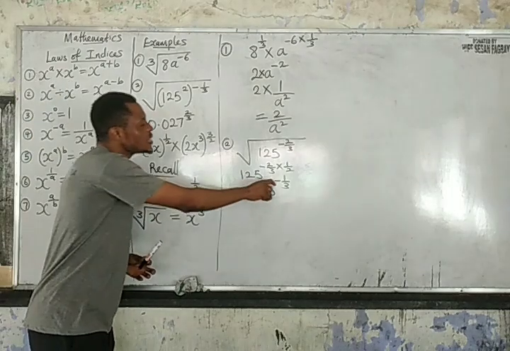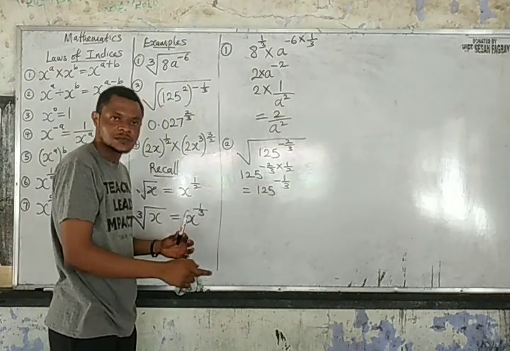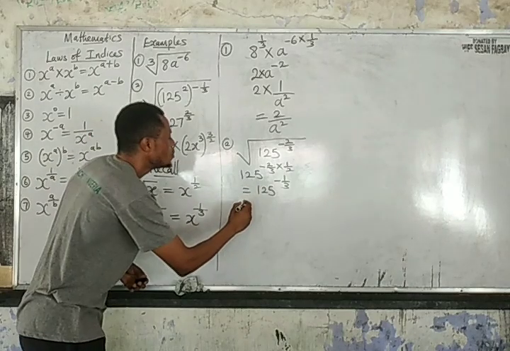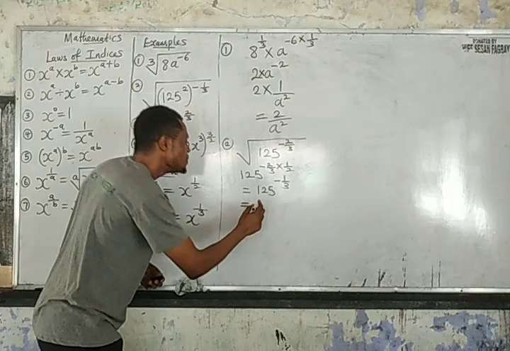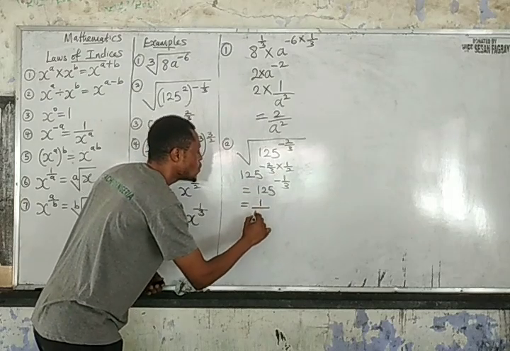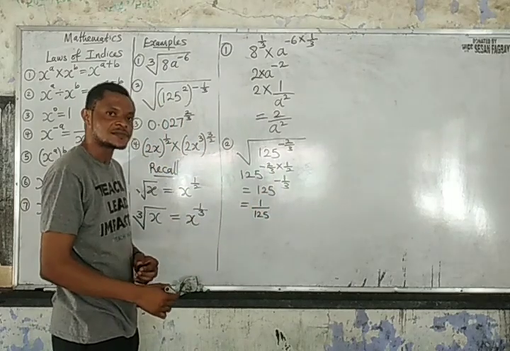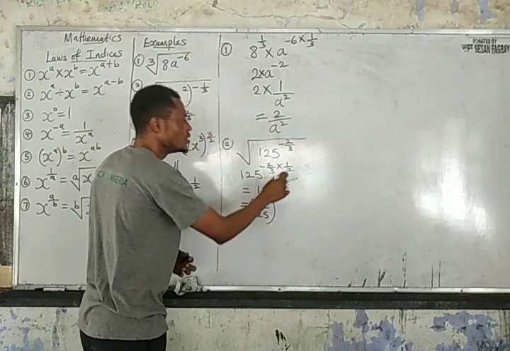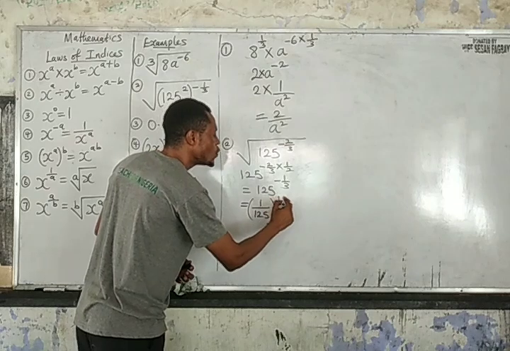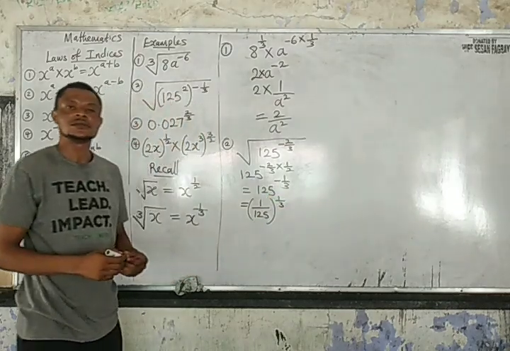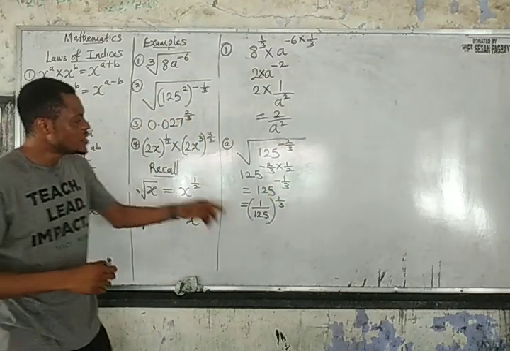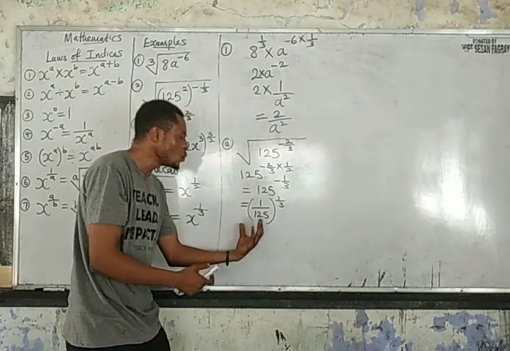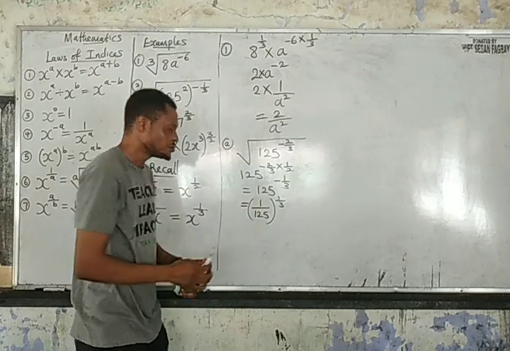And because of this raised to power minus is an inverse sign, we are going to turn this to become, because of this minus, 1 all over 125. Then what we have left? Everything raised to the power of 1 over 3. And raised to the power of 1 over 3 means cube root of what we have as base.